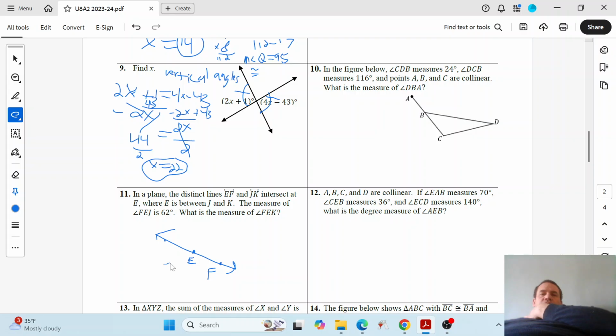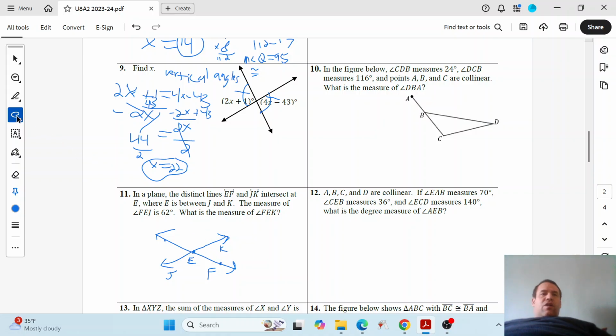So we can just draw another line like this. These are lines that go on forever. And so we have a J and K. They intersect at E. The measure of FEJ is 62 degrees. So let's try to find FEJ.